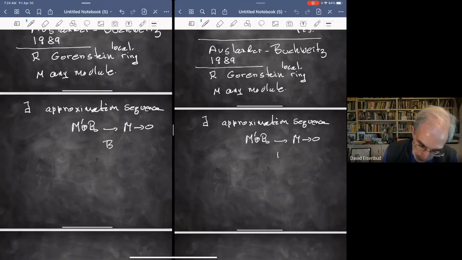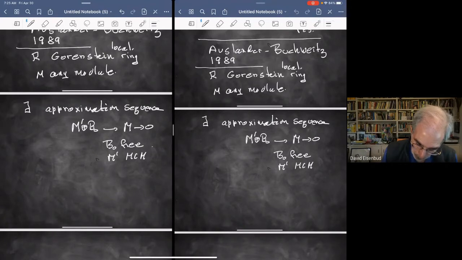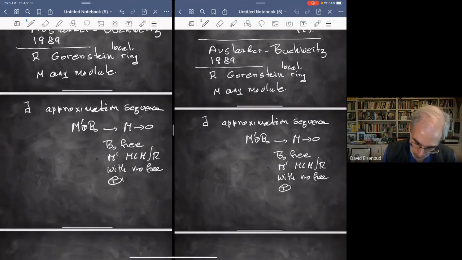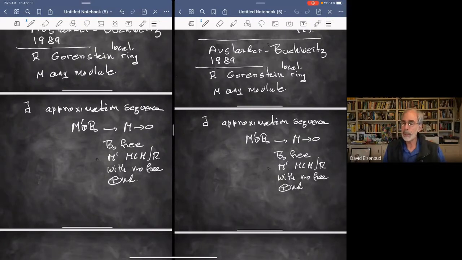So B naught is going to be the free part, and M prime is maximal Cohen-Macaulay over R, and has no free summand. Over a local ring, you can always do this in a unique way. You can split a free summand off a module in this way.